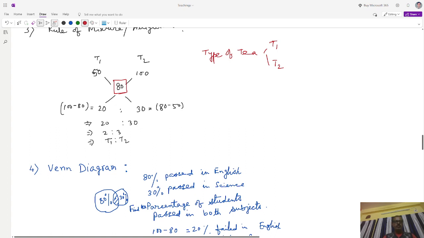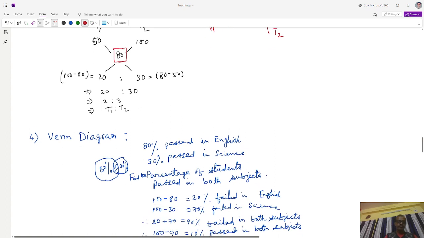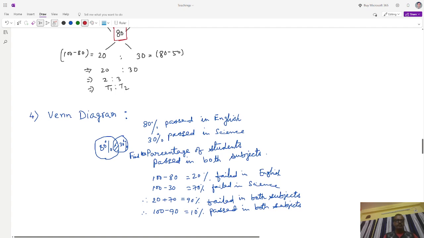Now we come to the Venn diagram. A Venn diagram is useful to solve some types of problems in arithmetic. Here is an example. If in a class 80% of students passed in English, whereas 30% passed in science, then what percentage of students passed in both subjects?